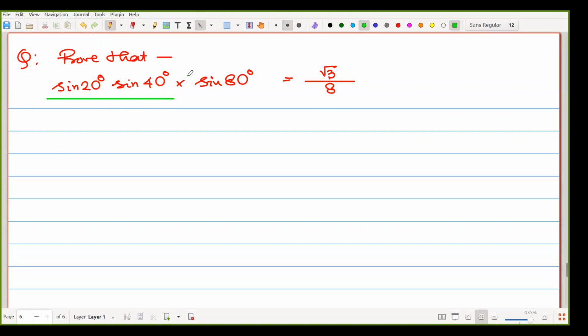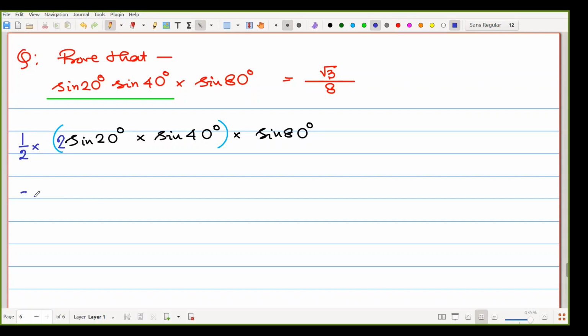So that means we are writing it as sine 20 degree into sine 40 degree into sine 80 degree. So we are using the first 2 at first. Okay, and for that we are multiplying 2 with that, so we are multiplying half here.